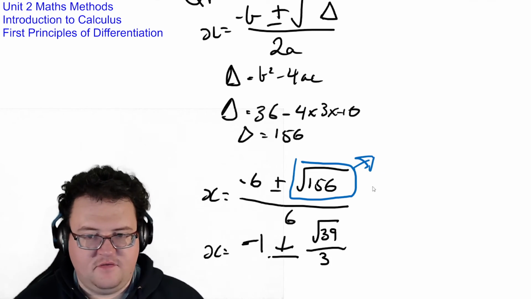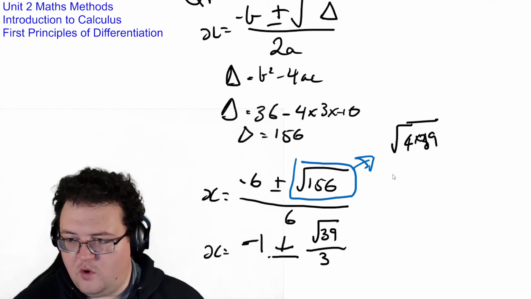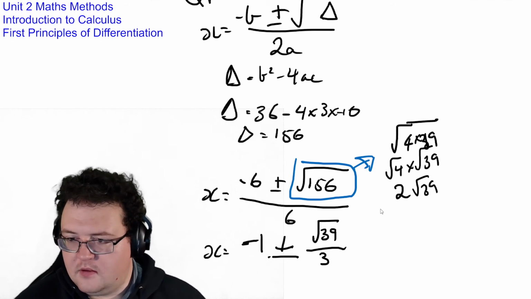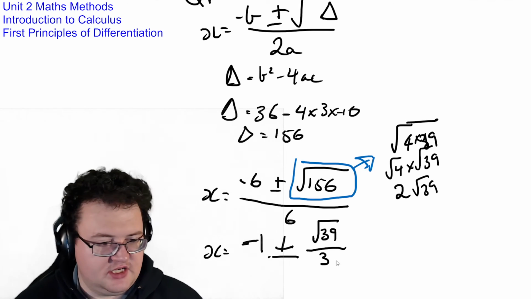For those of you that have forgotten your surds, the square root of 156 is the square root of 4 times 39. That's the square root of 4 times the square root of 39. That's 2 root 39. The 6's cancel down to negative 1. The 2 and the 6 cancel down to over 3.